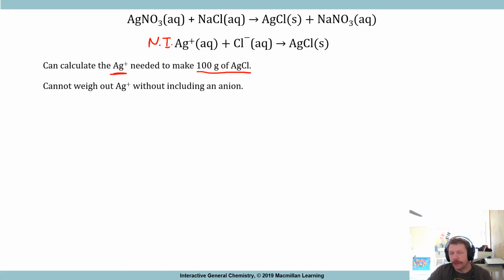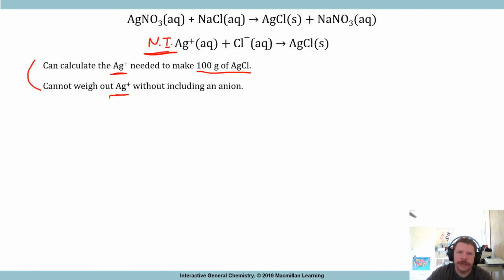In the event that you encounter a question that is specifically asking for the mass of silver ions, the way that you answer that is by looking at the net ionic equation and looking at your molar ratios and needing the molar masses from that net ionic equation. Now, in the event that the question is asking how much of a silver ion containing compound is needed, that's a little bit more realistic because you simply can't weigh out silver ions on their own.